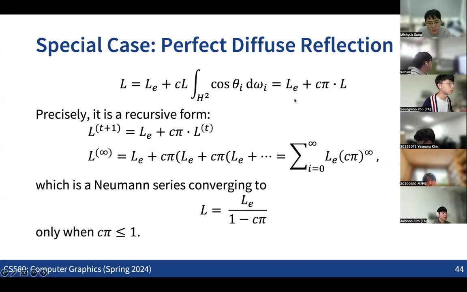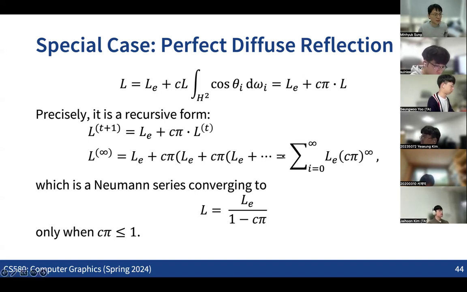One important thing is that, while we had this discussion of the equation, it is actually a recursive form, which means we need to think about how the L is being updated at every iteration.